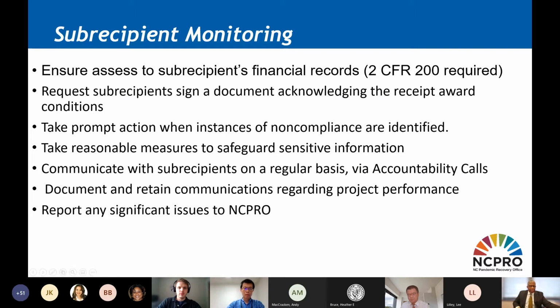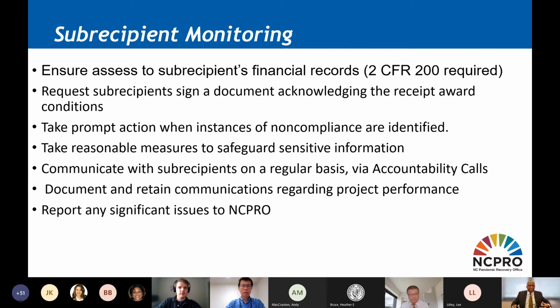Now, as we've alluded to, if there are any instances of non-compliance noted during the monitoring, prompt action is necessary. Don't sit on it. Run it up your organization so that they are aware of any concerns, whether it's financial or performance or anything.